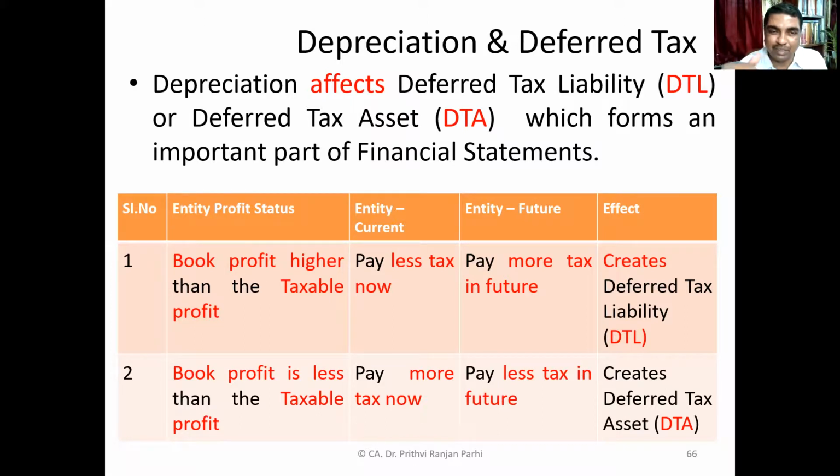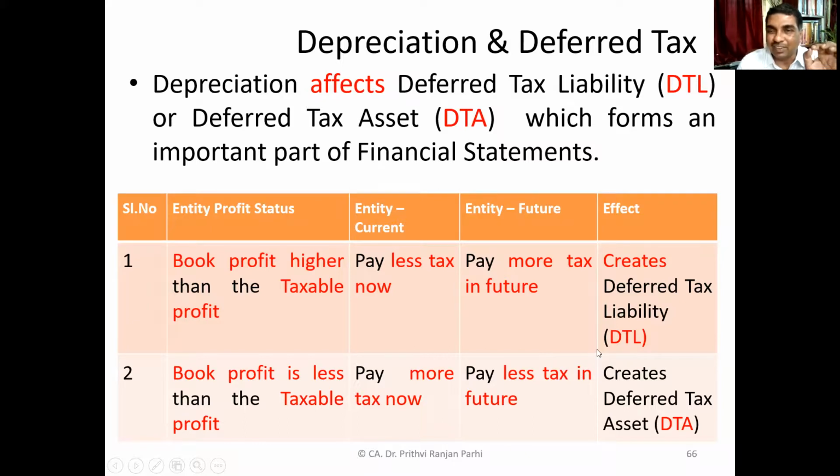Because when you charge depreciation, let us say in the initial year, you charge more depreciation under income tax. Next year, since you use the WDV, the depreciation amount will be less. So there will be a time when you find income tax depreciation is more, but after some years, income tax depreciation will be less and the accounting depreciation will be more. So if you are paying less tax now, that means you are ready to pay more tax in future.